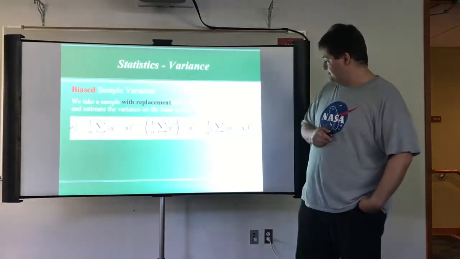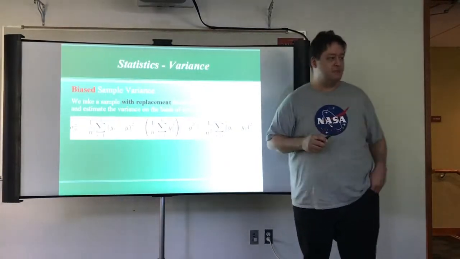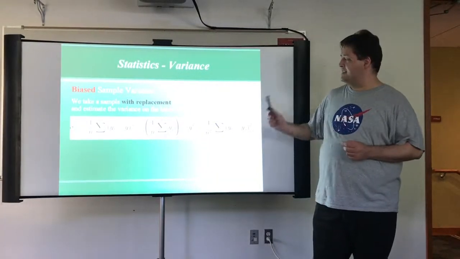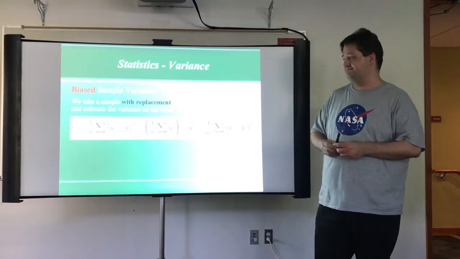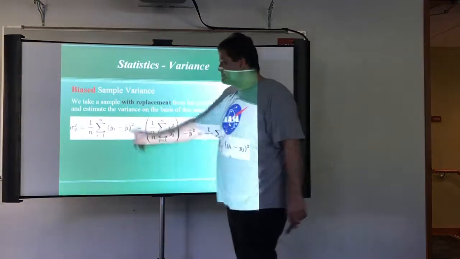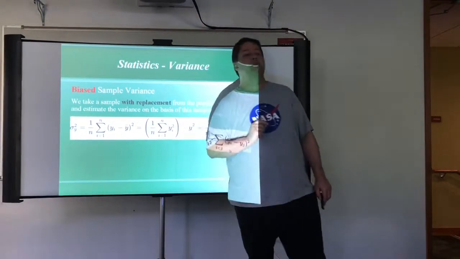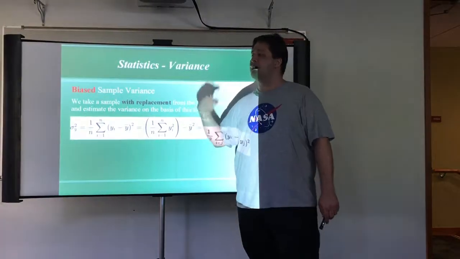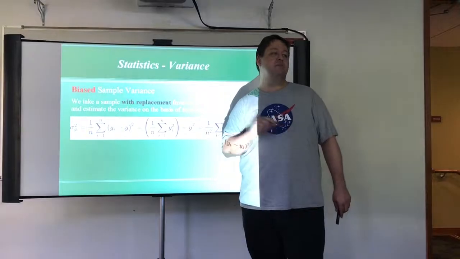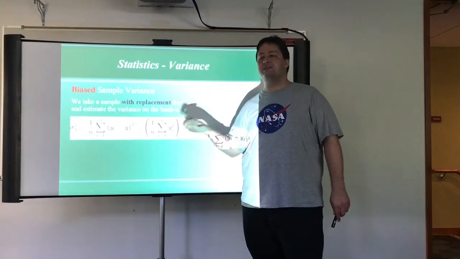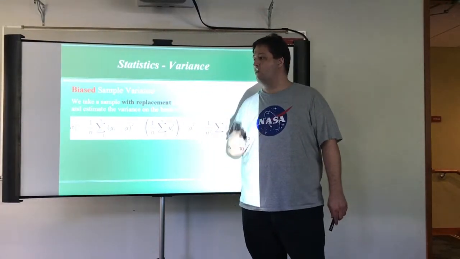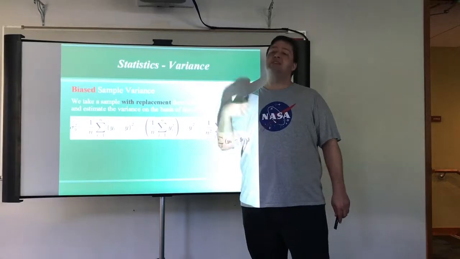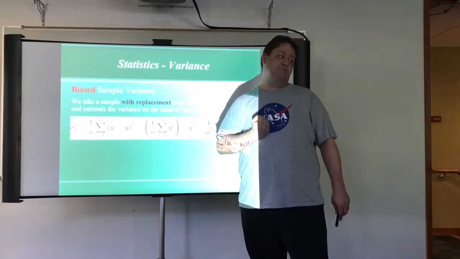Biased sample variance, it's not quite the same. The biased sample variance is defined by what we have seen. So we take a sample with replacement. This becomes important not only to this statistical concept, but to other statistical concepts in machine learning. When we take a sample from an observation set with replacement, that means we don't actually remove it from the set.